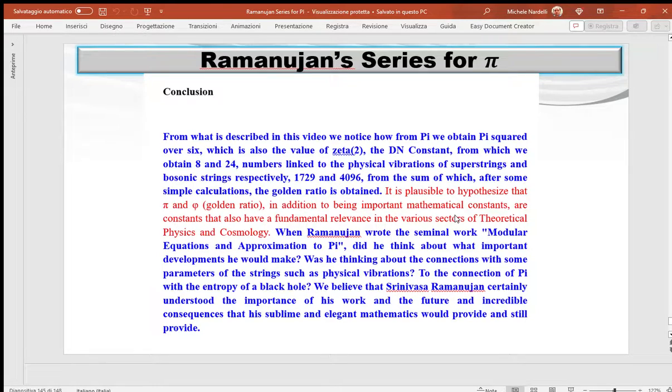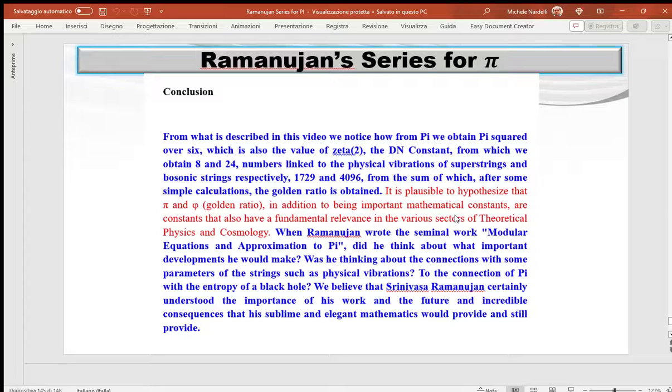The Del Gaudio-Ardeli constant, the n constant, from which we obtain 8 and 24, numbers linked to the physical vibration of superstrings and bosonic strings respectively, 1729, that is the Hardy-Ramanujan number, and 4096, from the sum of which, after some simple calculation that we have described previously, the golden ratio is obtained.